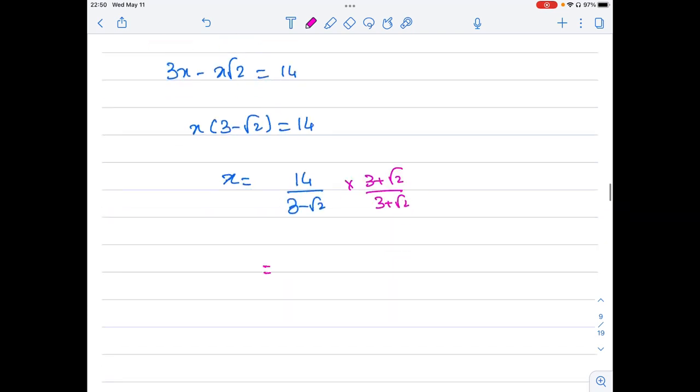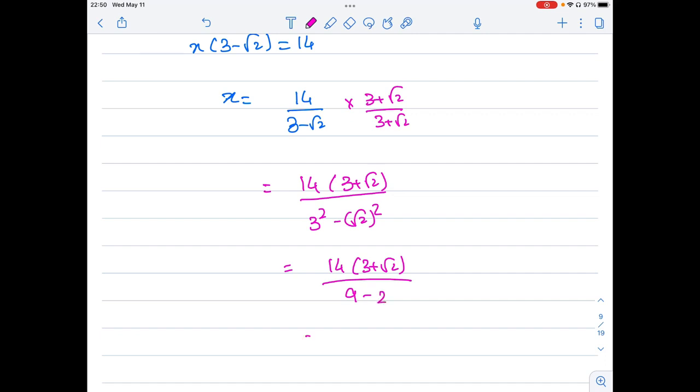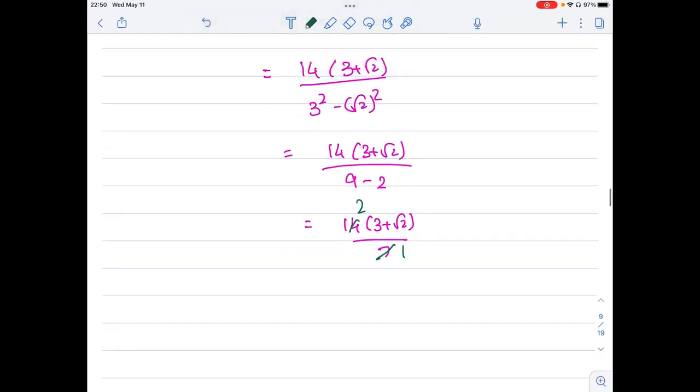So what does that become? 14 times 3 plus root 2 upon a plus b times a minus b is a square minus b square, which is 14 times 3 plus root 2 upon 9 minus root 2 whole square is 2. 9 minus 2 is 7. So 7 times 1, 7 times 2. So it becomes 2 times 3 plus root 2. That's going to be the answer.